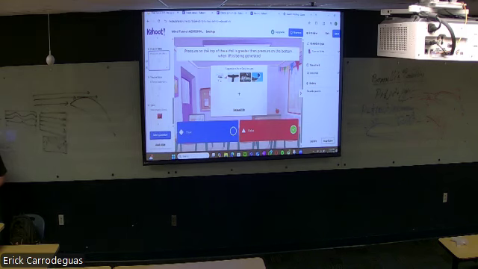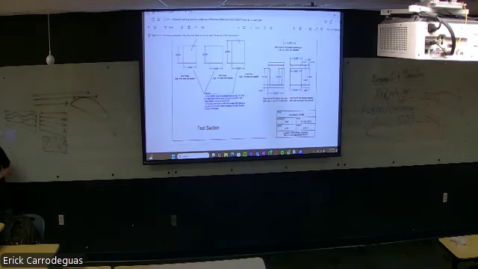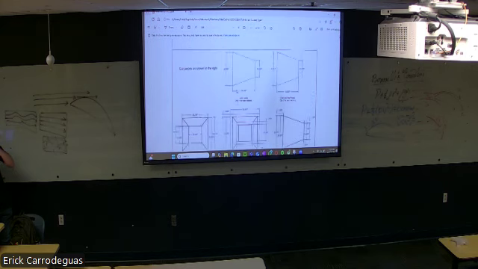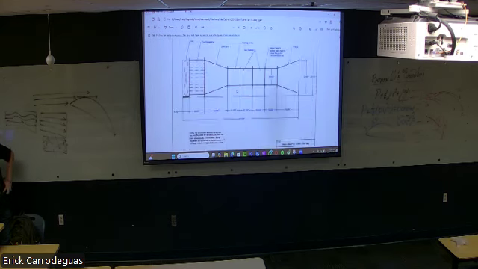Oh, what are we going to build the wind tunnel out of? It will be 1/4 inch foam. Here are all the 2D designs for the wind tunnel. This is from the Wall of Wind. The Wall of Wind isn't the type of wind tunnel that we use. It's used by civil engineers to test buildings, not planes or cars.